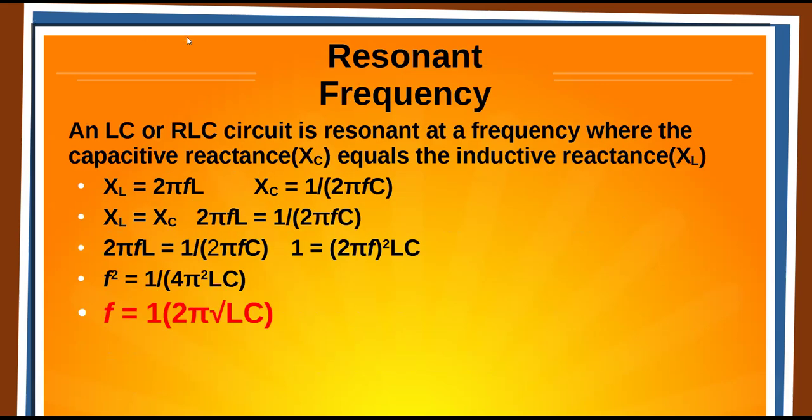So the formula for resonant frequency is 1 over 2 pi times the square root of the inductance times the capacitance. You can derive that by setting the inductive reactance equal to the capacitive reactance. You do a little algebra and you come out with F equals 1 over 2 pi square root LC.